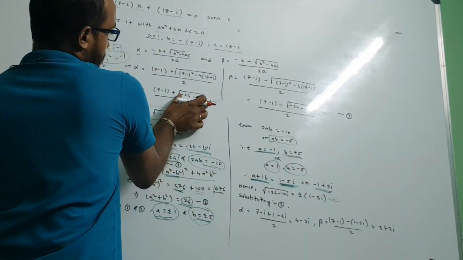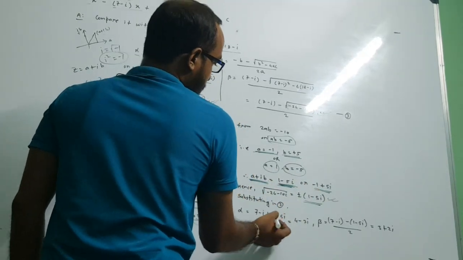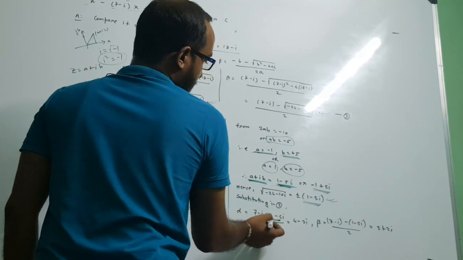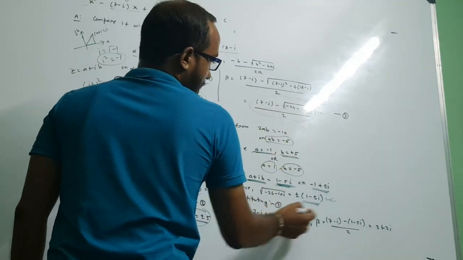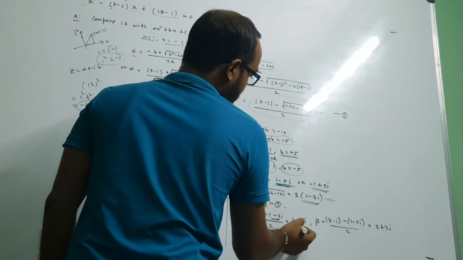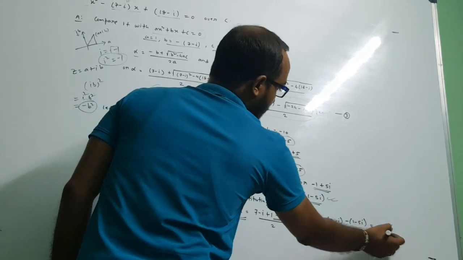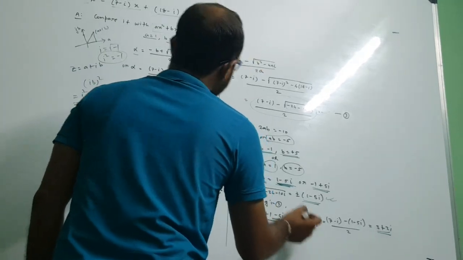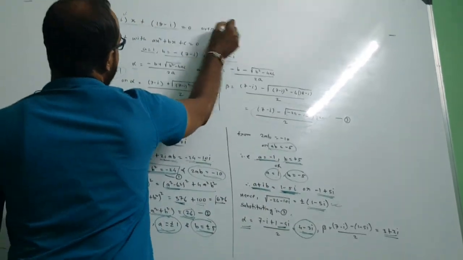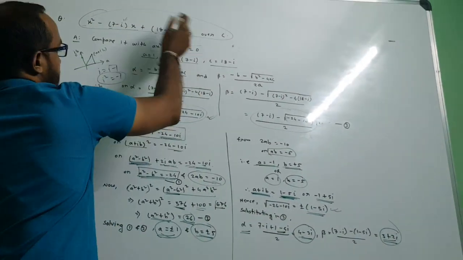So put plus at this equation and put minus at this equation. After that solve, you will get 4 minus 3i as alpha and 3 plus 2i as beta. So this is our answer. 4 minus 3i is one root of this equation and 3 plus 2i is another root of this equation.